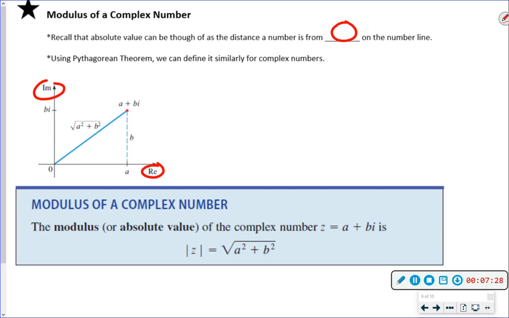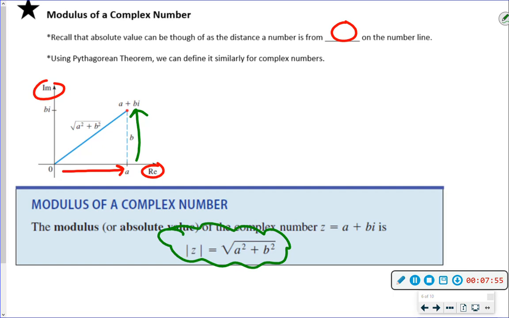Remember, a was our real, b is our vertical imaginary. It makes a right triangle, so you can get the hypotenuse of the right triangle with the Pythagorean theorem. That is also the absolute value of our complex number. So your absolute value of your complex number is really just doing Pythagorean theorem.